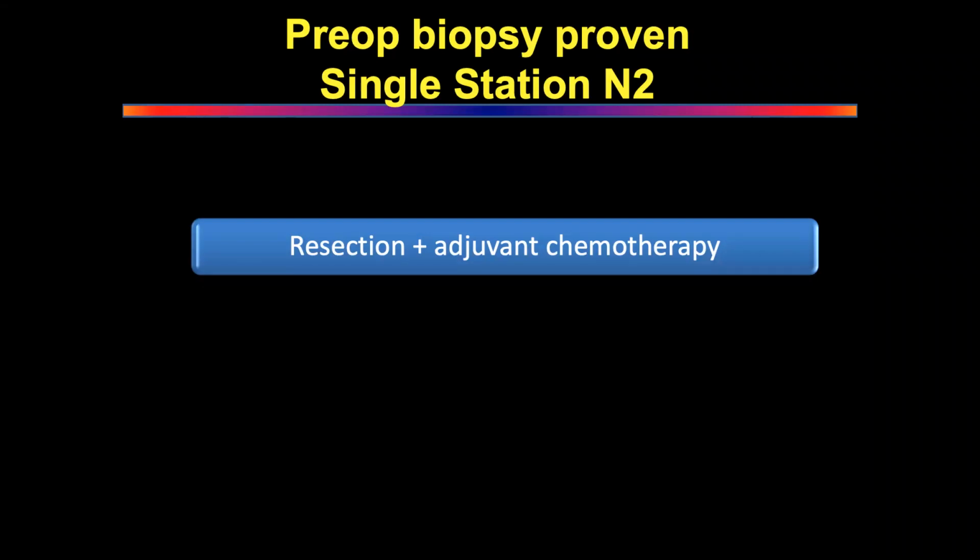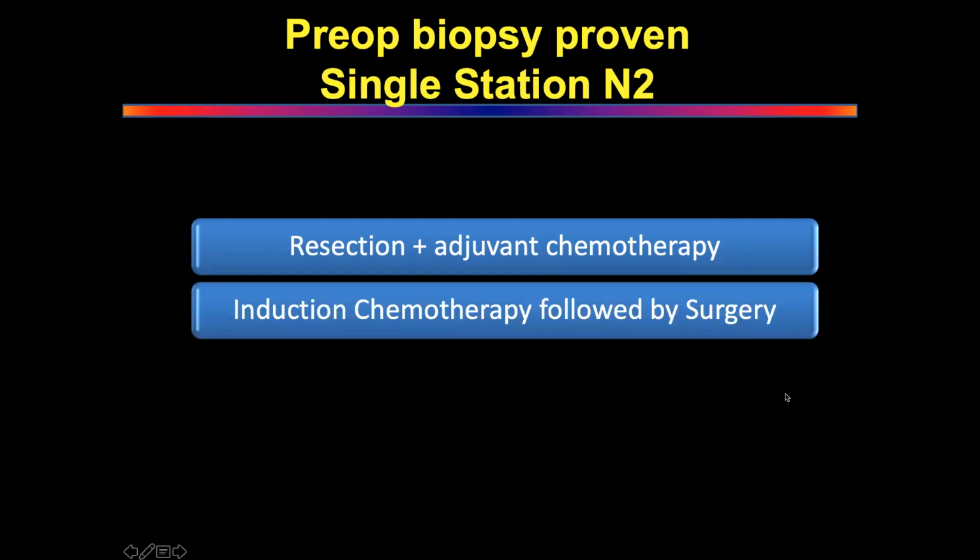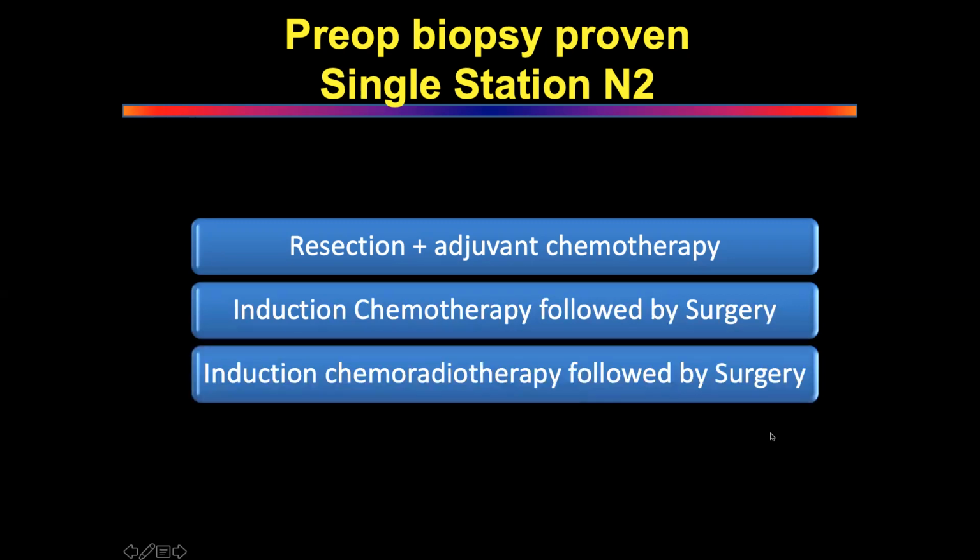If it is discussed in the MDT, and if the oncologist feels that it's a voluminous single station N2, then you have the option of giving induction chemotherapy followed by surgery. And the third situation is you also have the option of giving induction chemoradiotherapy followed by surgery.